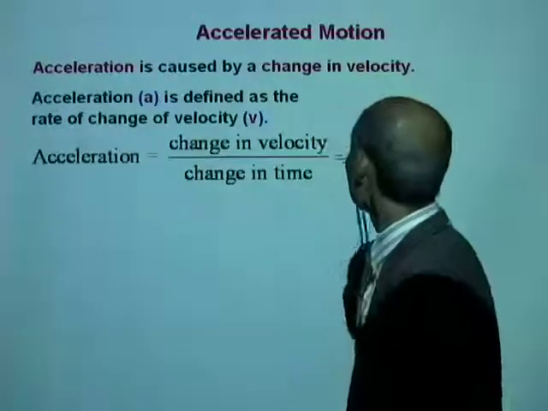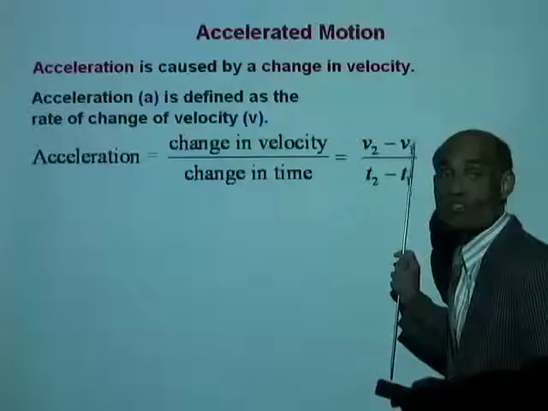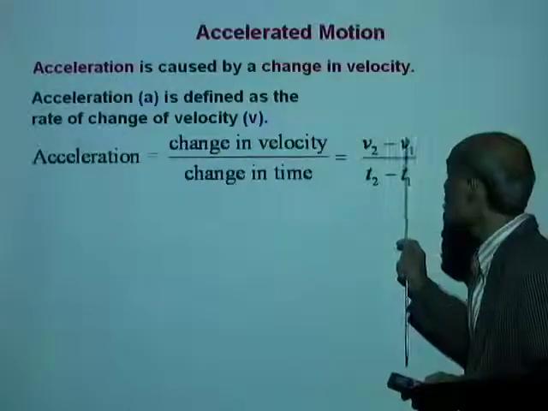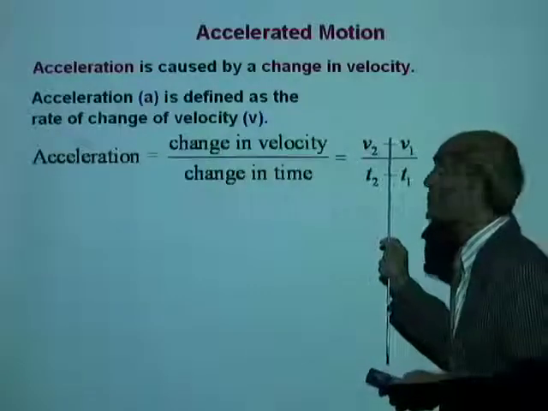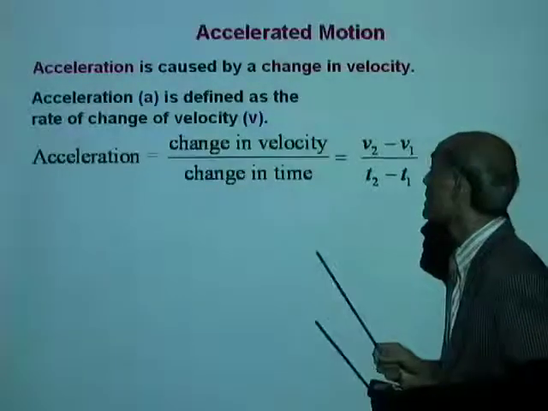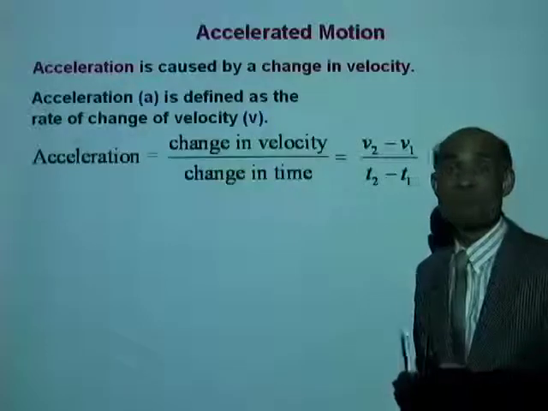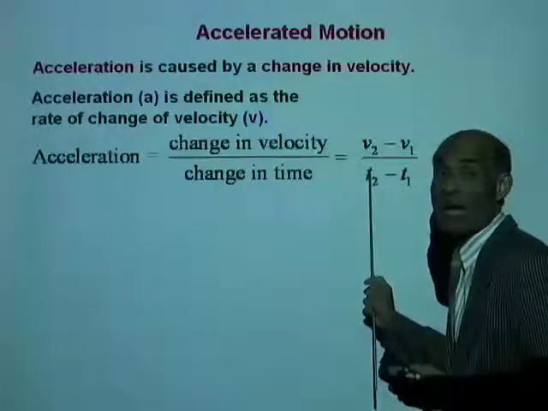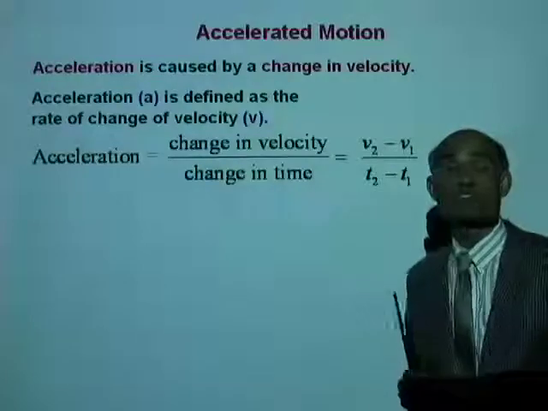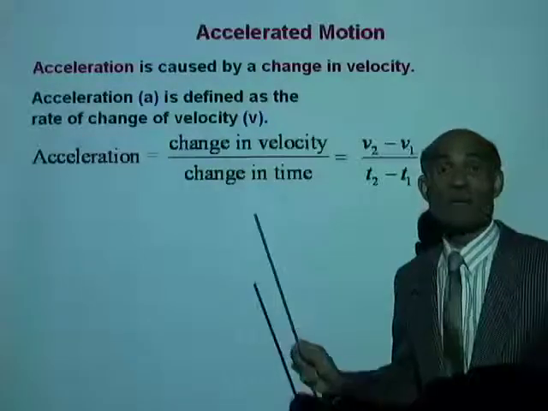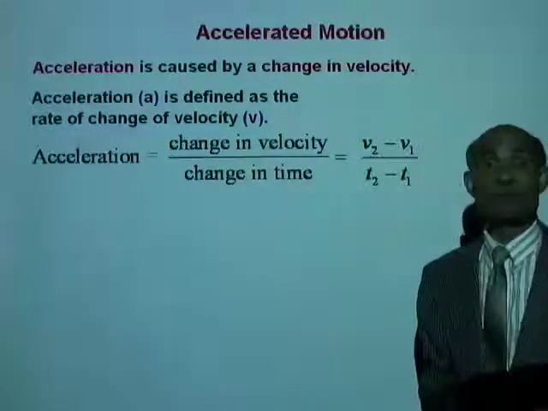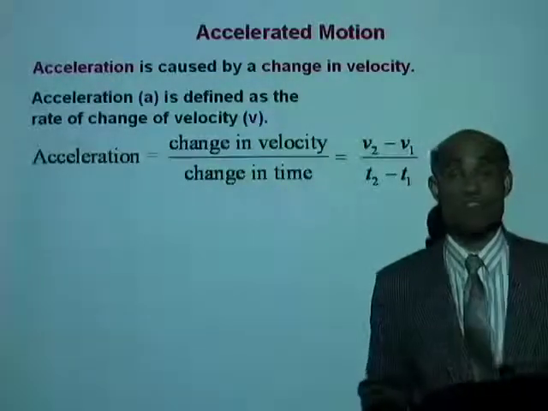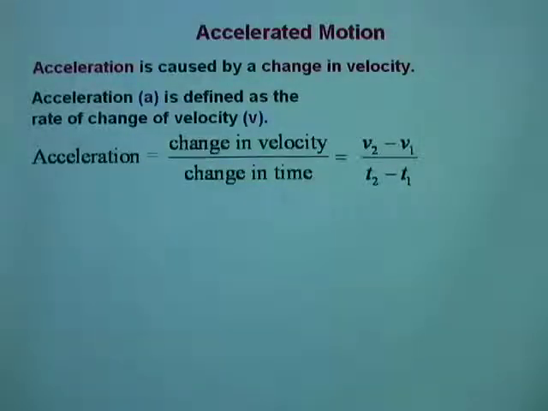In other words, if the velocity changes from an initial value v1 to a final value v2, the change in velocity will be v2 minus v1, and this change happens in a time t2 minus t1. Then acceleration is v2 minus v1 divided by t2 minus t1.